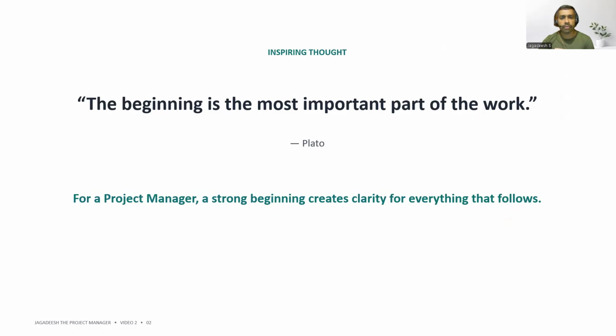Whenever I think about project initiation, this quote from Plato comes to my mind. I have learned that spending time at the beginning to clarify the objective, scope, ownership, and governance saves a lot of confusion later. The project manager lesson for me is simple. Don't rush into execution just because the project has been approved.